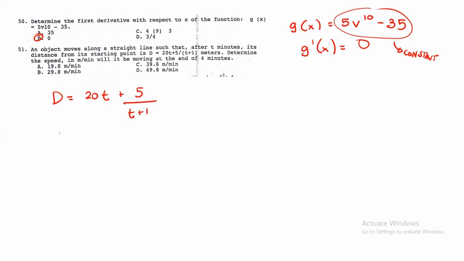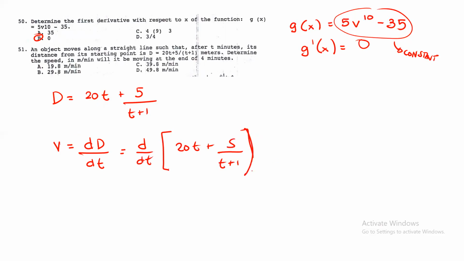We take the derivative, since velocity or speed is the derivative of distance with respect to time, d over dt of 20t plus 5 over t plus 1.